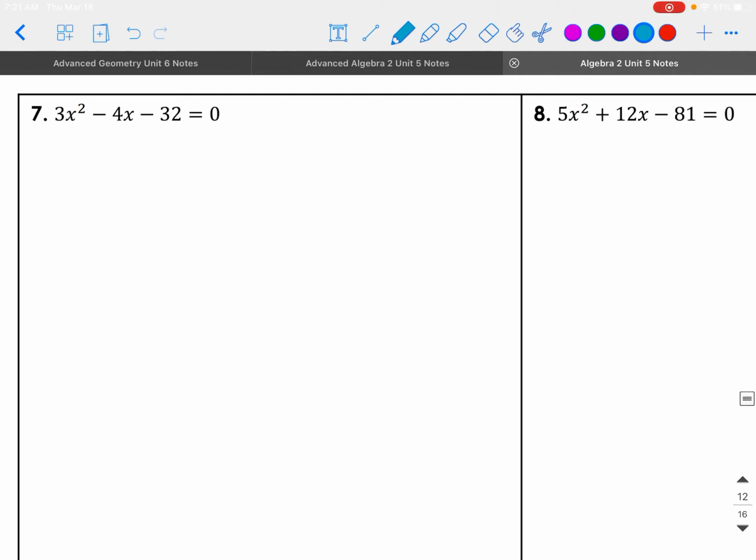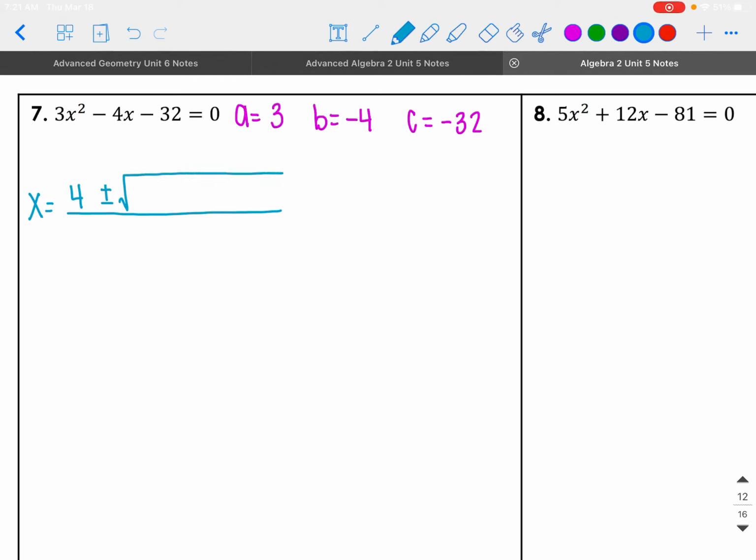All right, let's move back here to number 7. A is 3. B is -4. C is -32. So we plug this in. -b is going to be a +4 plus or minus the square root of b squared minus 4 times a times c all over 2 times a.